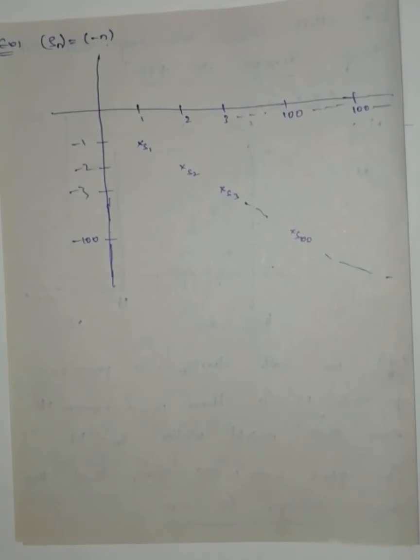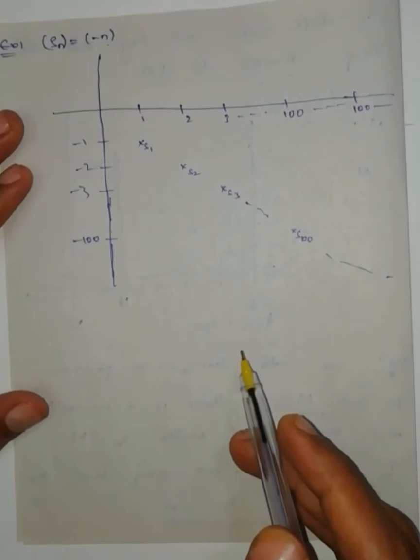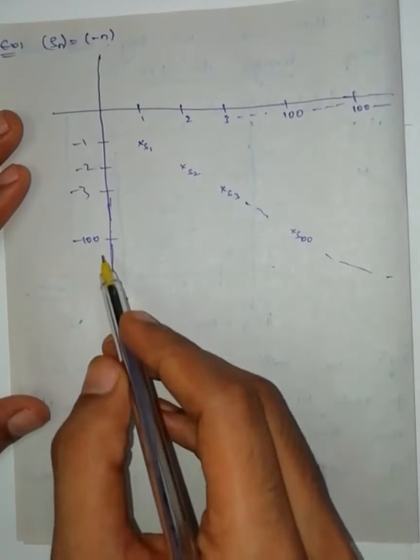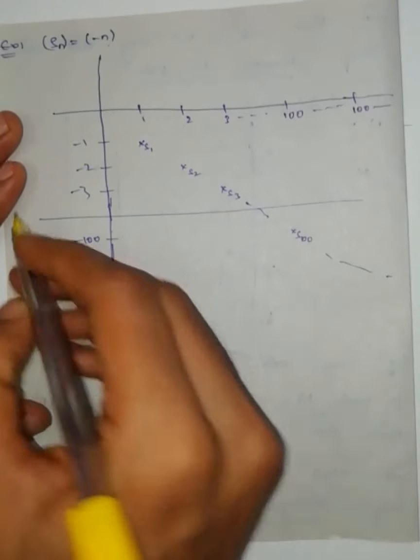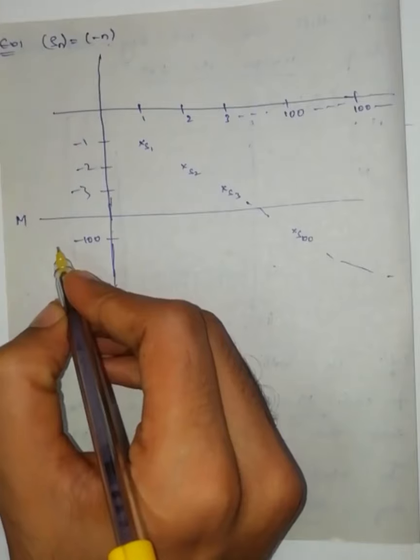If I want to say it the mathematical way, select any negative real number, let us take M, strictly less than 0.